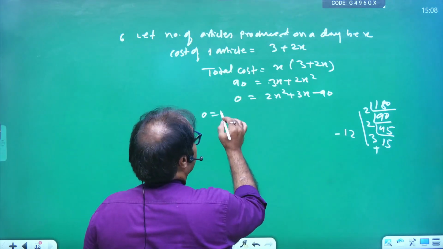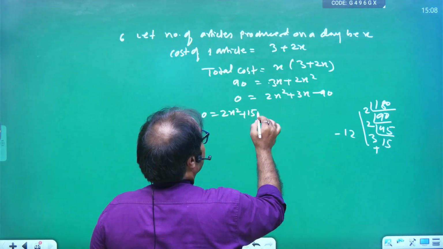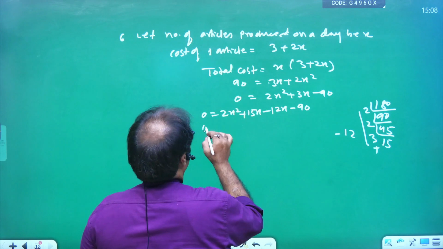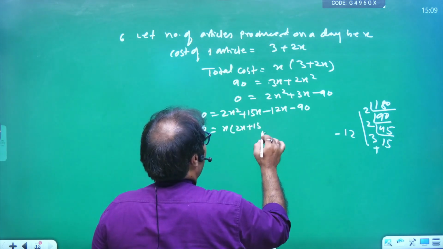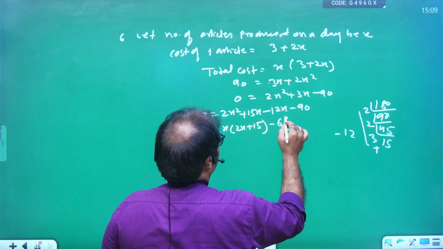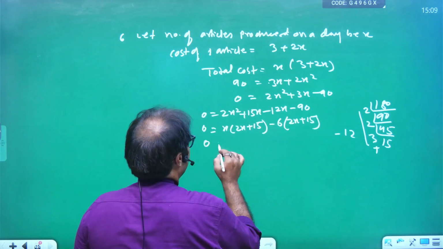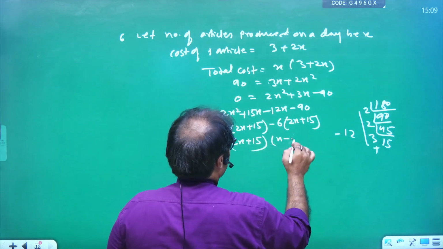So 0 is equals to 2x square plus 15x minus 12x minus 90. So x is coming common, so 2x plus 15 and minus 6 will come common, so 0 is equals to 2x plus 15 into x minus 6.